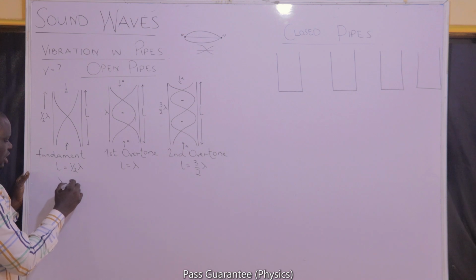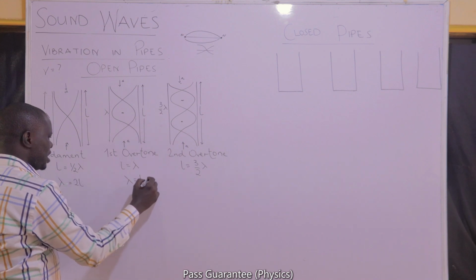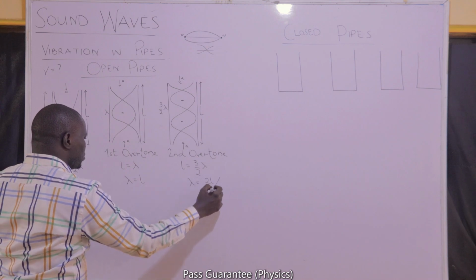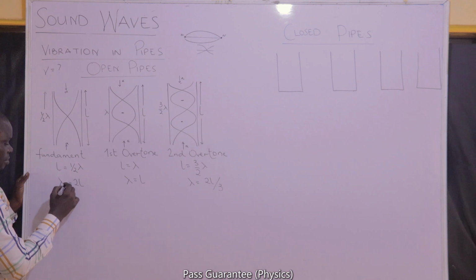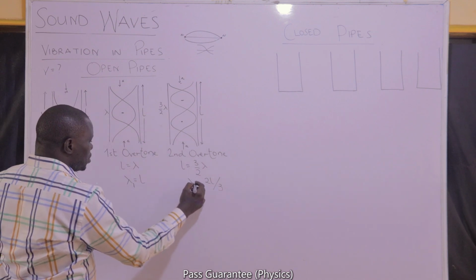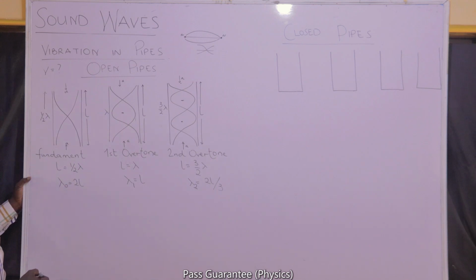The wavelength here is 2L. The wavelength here is L. The wavelength here is 2L all over 3. Mind you, this is our fundamental mode of vibration. This is our first overtone. This is the wavelength of the second overtone.